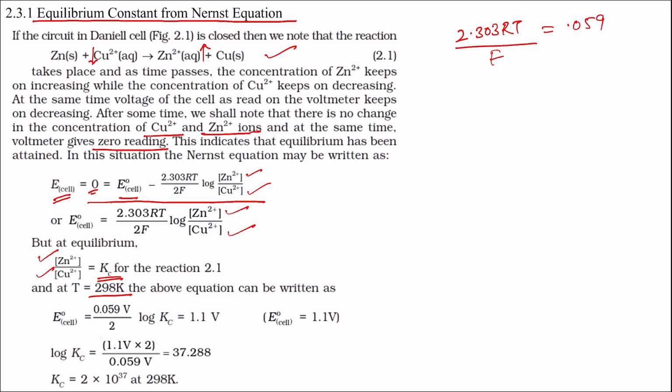So the equation becomes standard cell potential is equal to 0.059 by 2 log Kc. Now the value of E naught cell is equal to 1.1 volt. Putting the value of E naught cell, log Kc can be calculated, and from the value of log Kc, the value of Kc, that is the equilibrium constant for the reaction taking place in the Daniell cell, can be calculated.